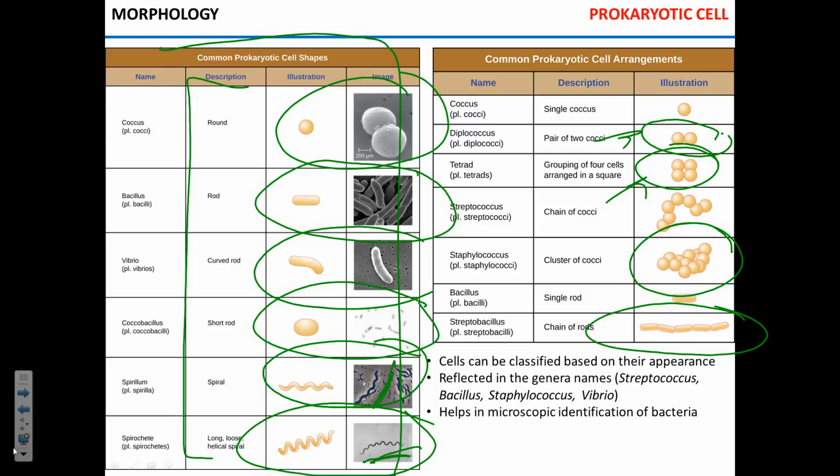You do have to know diplococcus and tetrads. What is the difference between these? Strepto is a chain of individual cocci, versus Staphylo, which is an accumulation. Does that make sense? And streptobacilli. So know these structures. It's memorization, nothing else.